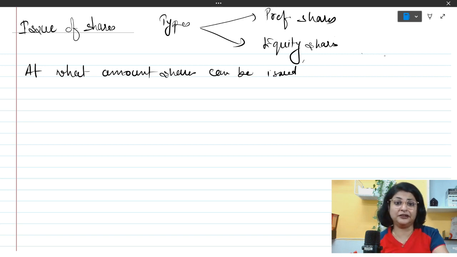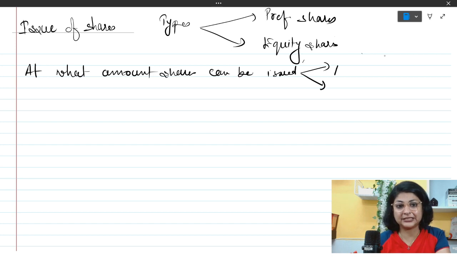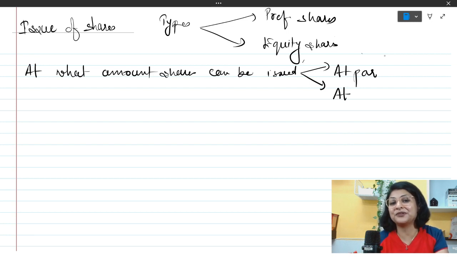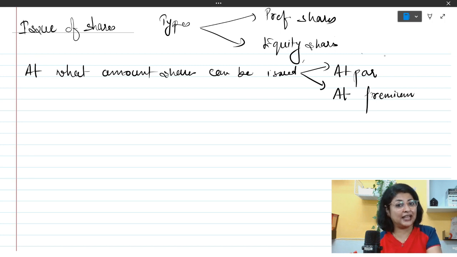Here also, understand that shares can be issued at par and at premium. Though in the case of debentures we had seen issue at discount also, issue of shares at discount is not possible. Who stops? The Companies Act 2013 prohibits any company from issuing shares at discount. So only two cases will be there, issue of shares at par and at premium.